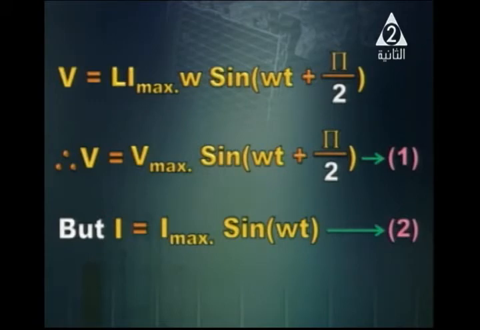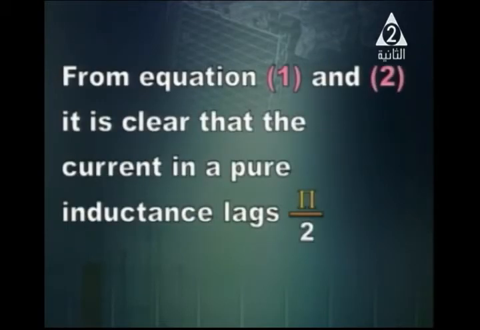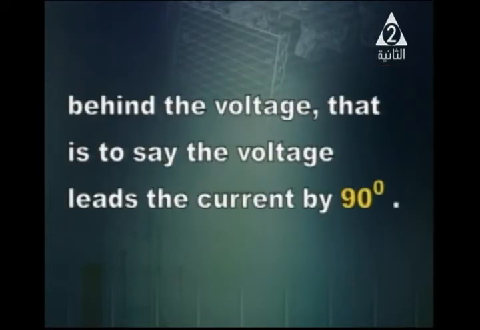So it is quite clear from equations 1 and 2 that the current in a pure inductance lags pi over 2 behind the voltage. That is to say, the voltage leads the current by 90 degrees.